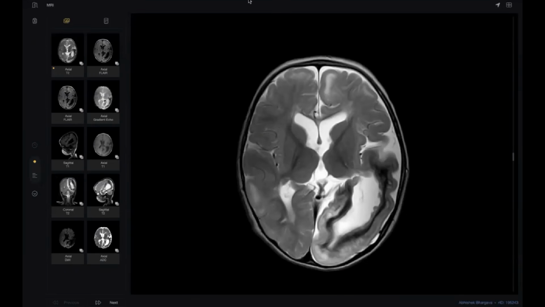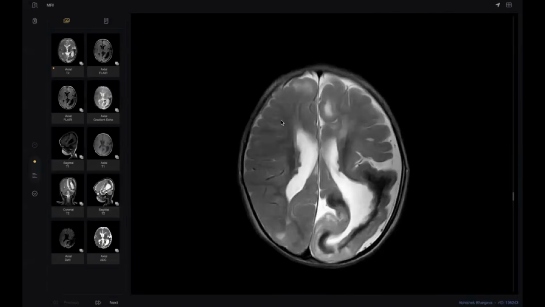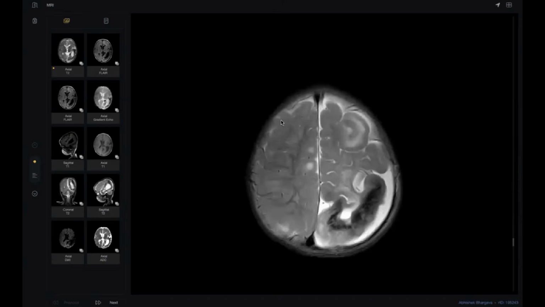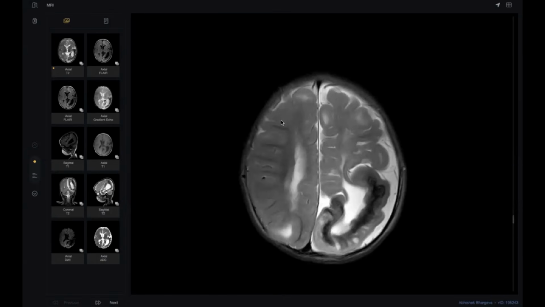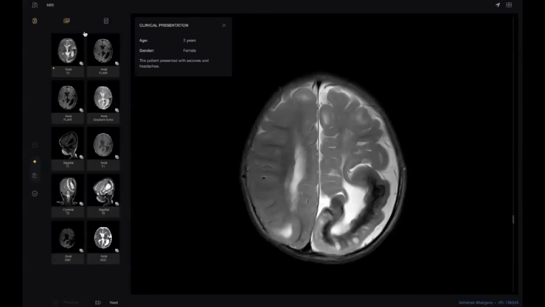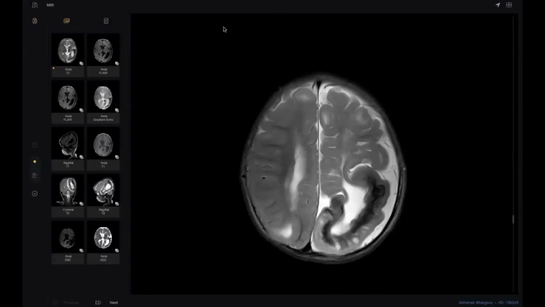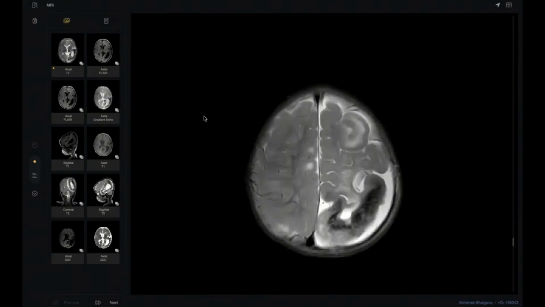One of the other tricks. What happened? The examiner gave you a very misleading, a little bit unclear history, okay? Because if he told you this patient has mental retardation, seizures, from the history you will diagnose immediately this is tuberous sclerosis.